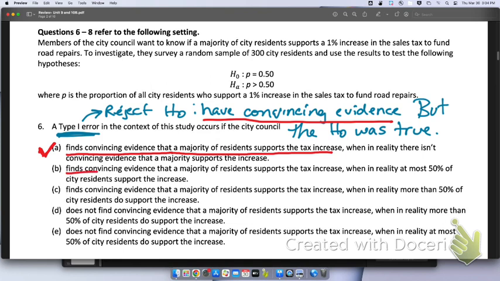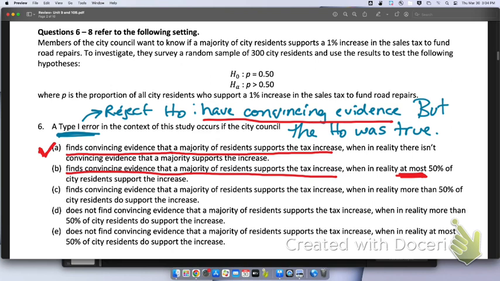So I find convincing evidence that a majority support the tax increase, when in reality, at most 50% support the increase. So I can't really say that it is at most 50%, right? It could be that there's some sort of error in my sampling.